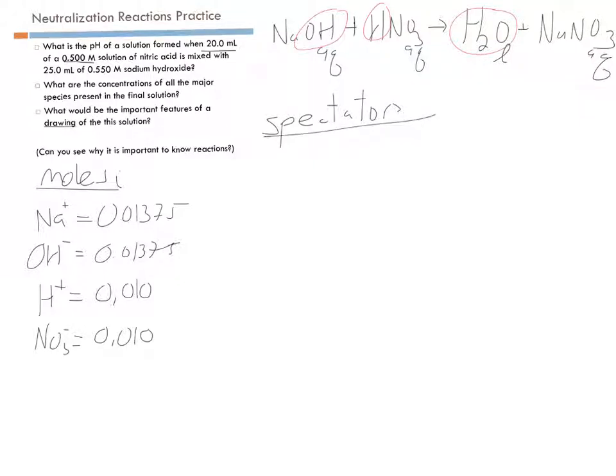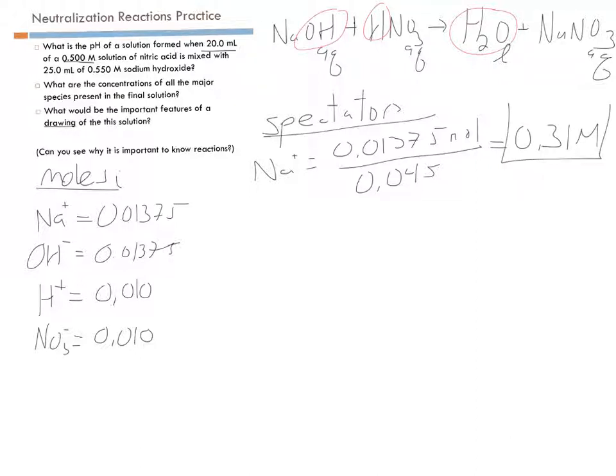Now, spectators are going to be the same as they always are. It's going to be the sodium and then the nitrate. So sodium, we want the molarity here, is going to be 0.01375 moles. Since it's not reacting, those moles stayed the same, but now I have a total volume of 45 milliliters, 0.045 liters. So the molarity of my sodium is going to be 0.31. Okay, because it says, what is the concentration of everything in the solution?